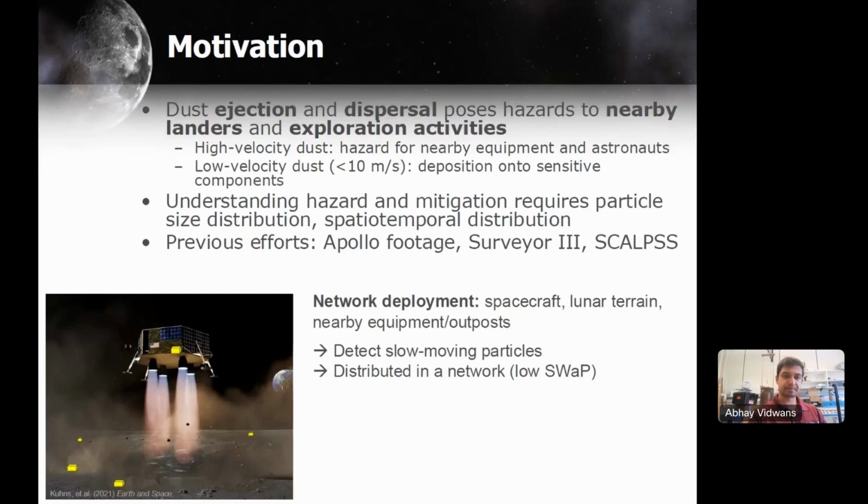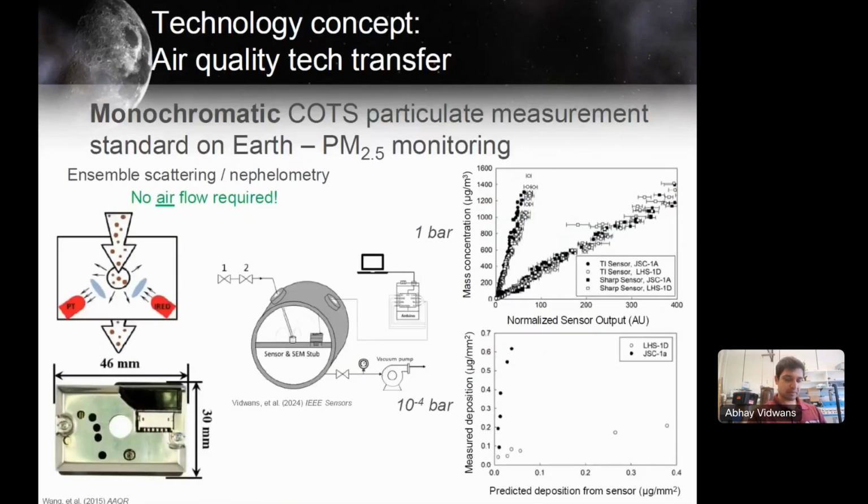Next slide, please. During my grad school work, I did a lot of work on tech transfer between air quality here on Earth and the tech development that has been done for measuring pollution, and transferring that to monitoring dust in the lunar environment. We're very interested in measuring air quality here on Earth, especially in the last 10, 20 years as technology has become miniaturized.